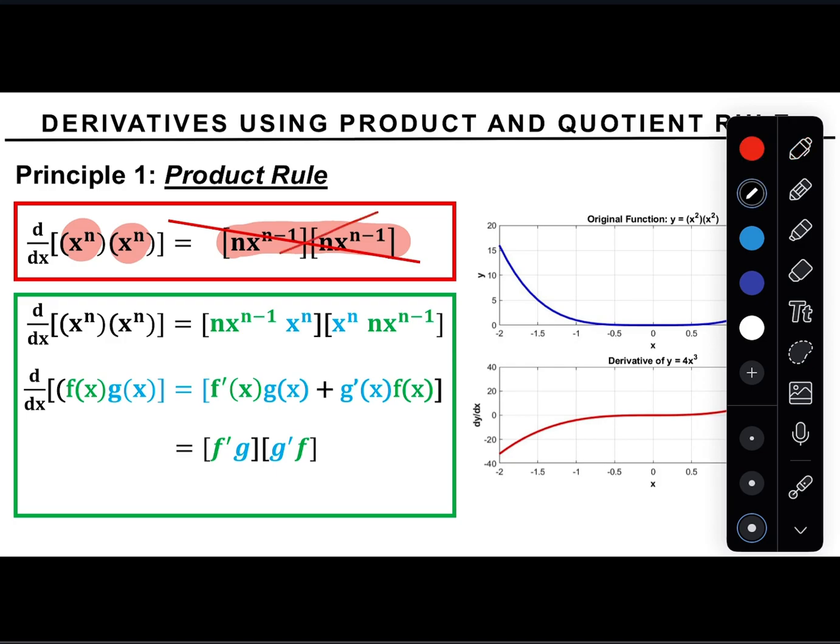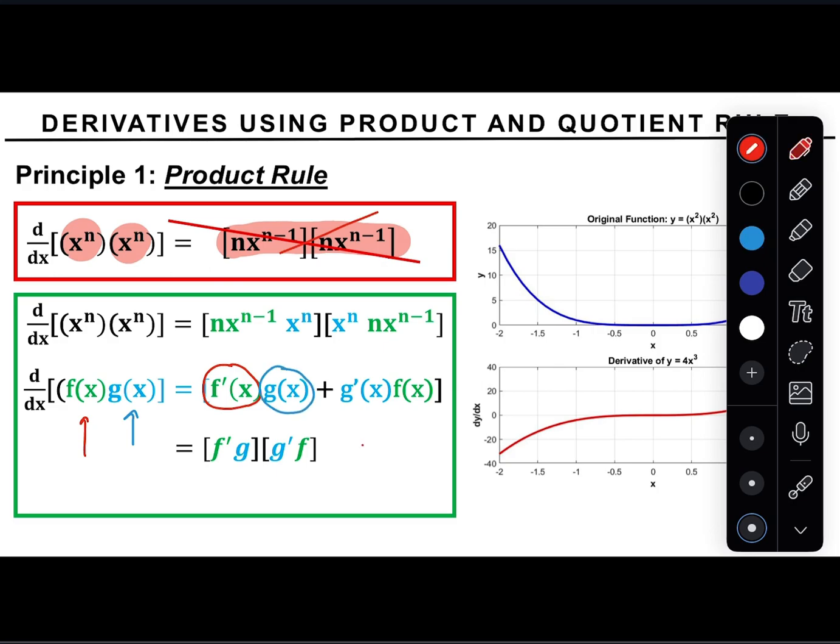What the product rule states is that if you have two functions multiplied by each other, you take the derivative of one function and multiply it by the normal function of the other function, and then you take the derivative of the other function and multiply it by the normal function. So we have the derivative of f of x and g of x multiplied by its normal function.